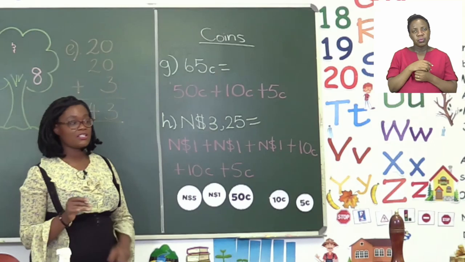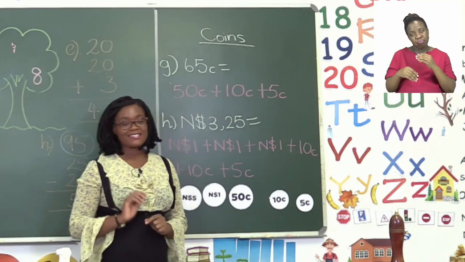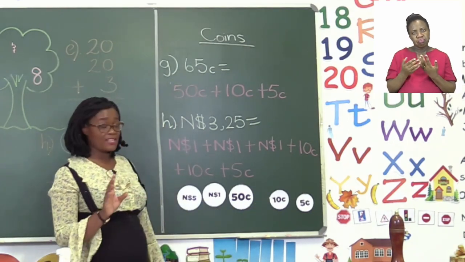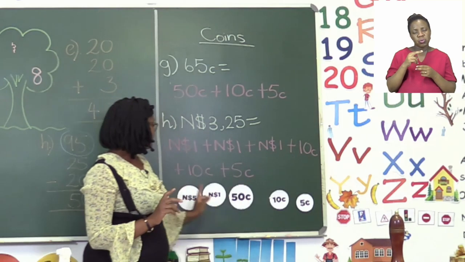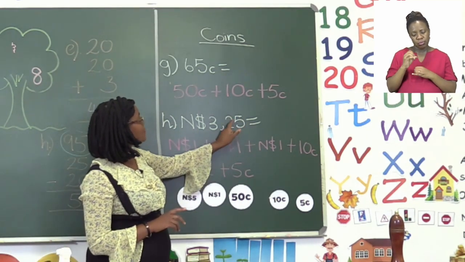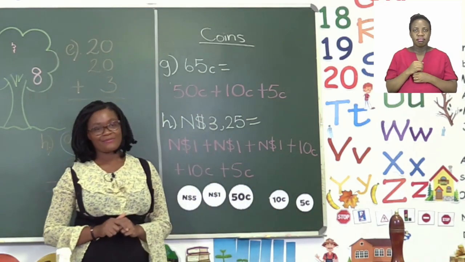So we have our $3, but we still need our 25 cents. Here, it's quite simple. We can use 2 of our 10-cent coins to make 20. 1, 2, and then the last digit is the 5, and we can go ahead and use the 5-cent coin.